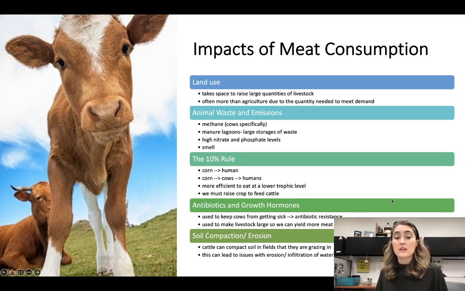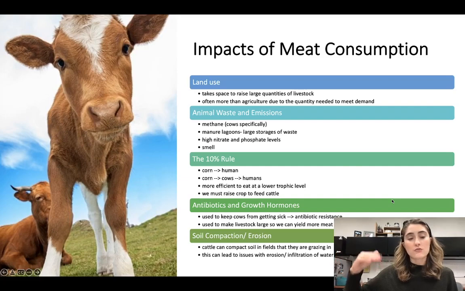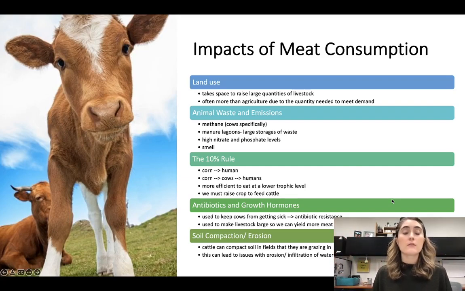Now, there's also the 10% rule. So remember, the 10% rule says that only 10% of energy gets transferred from each trophic level. In the process of eating meat, you are moving through 2 trophic levels versus just 1 trophic level when you are consuming plants. So, for instance, we feed a lot of grain to cows, and generally we feed some type of corn to cows.